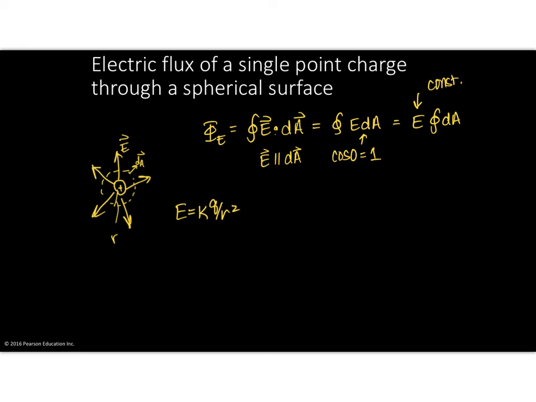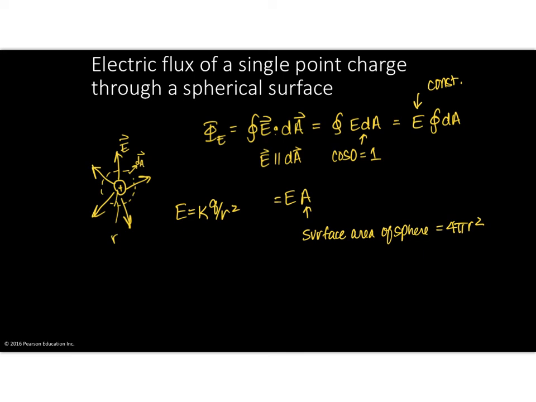Now, if I integrate dA over the entire area, I just get the area. This ends up being the surface area of a sphere, which is equal to 4 pi r squared. There's a little bit of geometry formulas that you might want to keep in mind and remember while we're doing this.